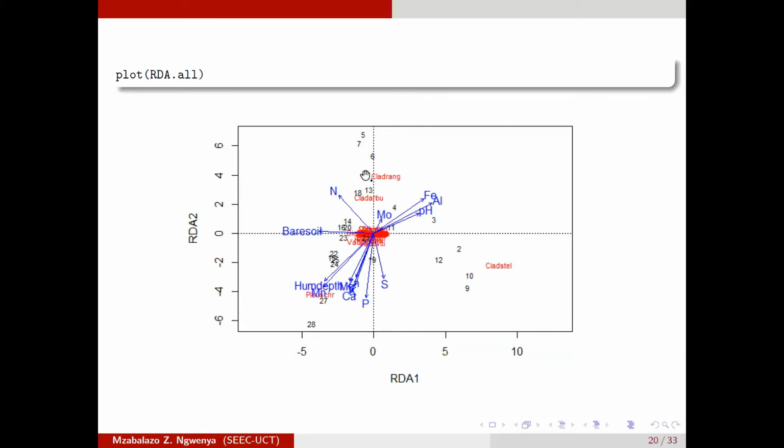The direction of your variables is telling you, or maybe I should put it this way, for the sites, you want to look at each of the sites and see which variables are pointing that way. So you can tell site 3 is highly influenced by pH and iron, and Al, aluminium. Then sites on this side would have lower values for these variables. Similarly, 18 and 13 have high nitrogen values, and the sites here will have lower nitrogen values.